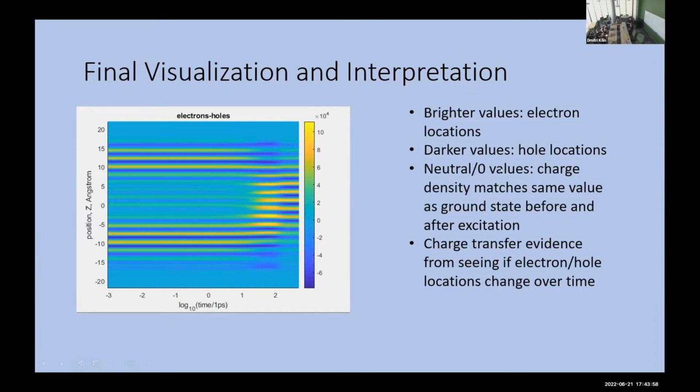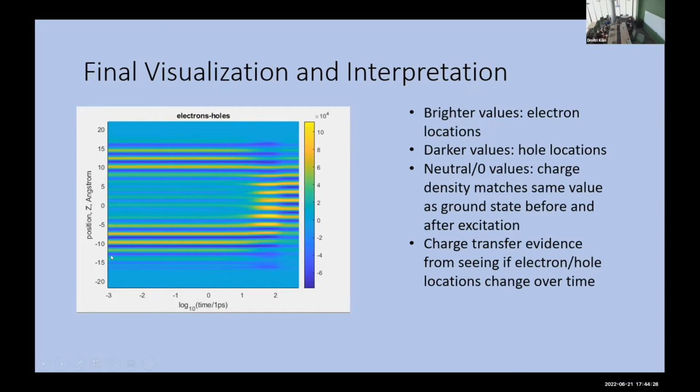Since this is a contour plot, in MATLAB there's a tool you can use to look at the color bar on the side. The brighter values in this case correspond to electrons. The darker values, or the negative values, correspond to hole locations. If it's a neutral color, what I understand is that the charge density matched what it was before, so there wasn't really a transition.